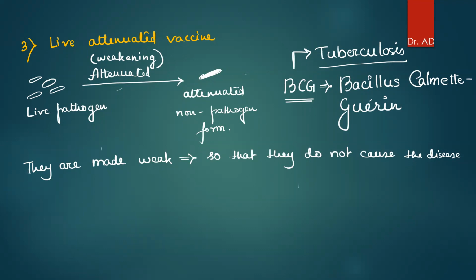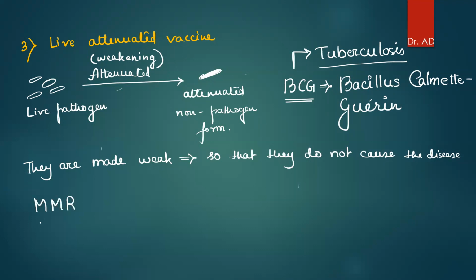Apart from this BCG, we also have the oral polio vaccine, the MMR. Heard of this? You must have heard. MMR means measles, mumps, rubella.